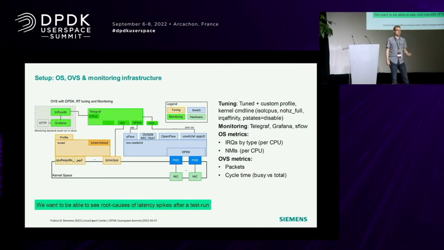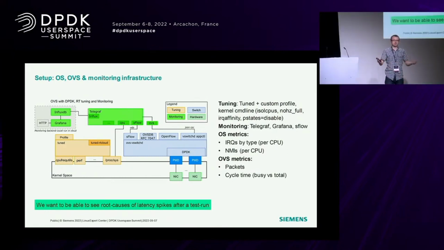One example would be an interrupt showing up on a real-time CPU. And in the end, when you're done with your measurement and you see a latency spike, what do you do with this information if you don't have any monitoring? But if you have the monitoring, then you can correlate it by the time that spike happened and see what happened on the system itself.